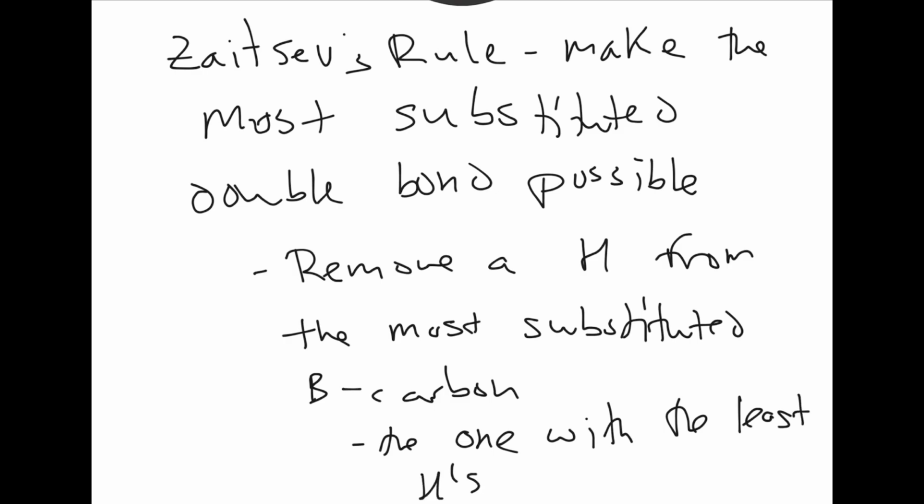Right. So you remove your hydrogen from the beta carbon that is most substituted, and that's just the one that has the least number of hydrogens on it already. All right.